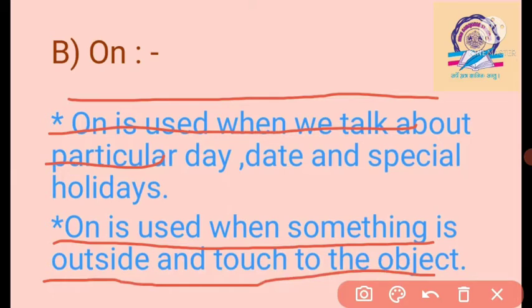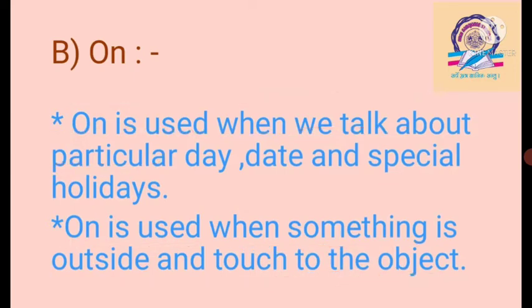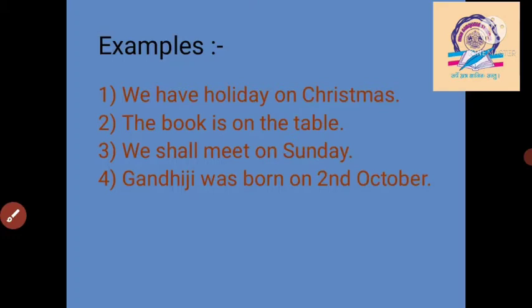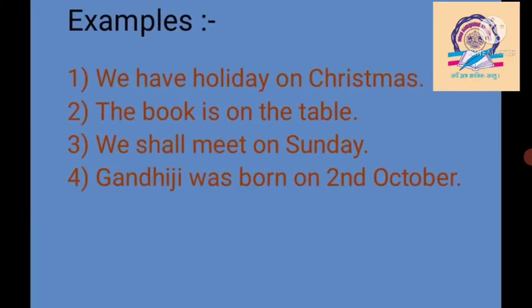We use the preposition "on" when the object is on the upper side and touching the lower object. For example, we have a holiday on Christmas. So it is a special occasion: on Diwali, on Holi, on Christmas. We have to use the preposition "on".